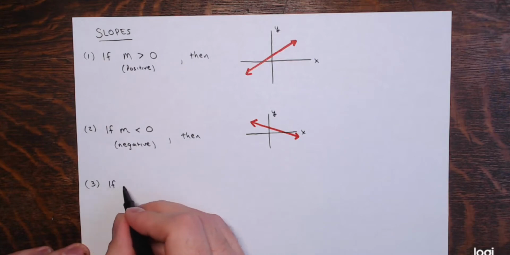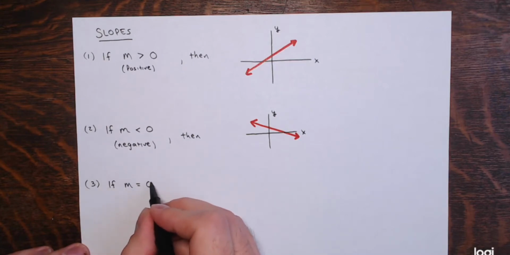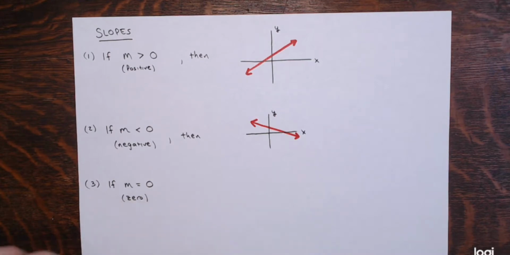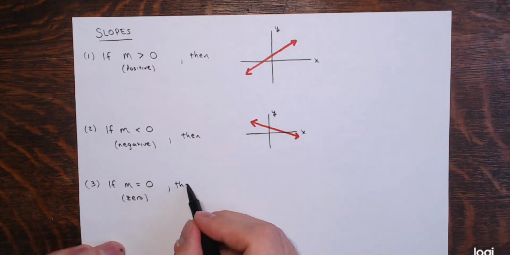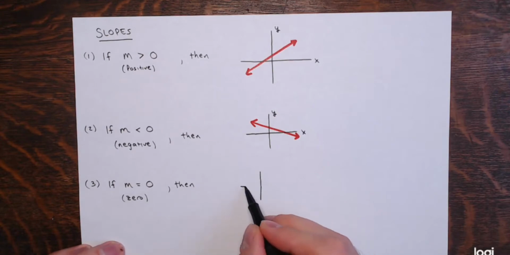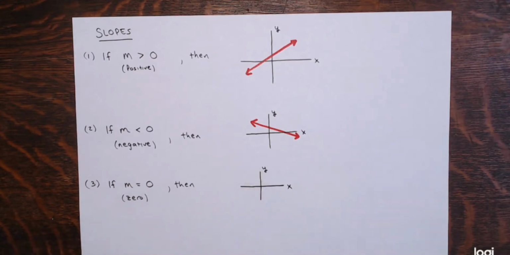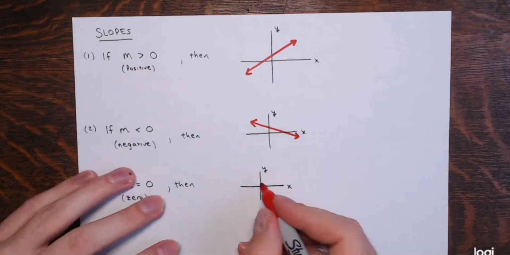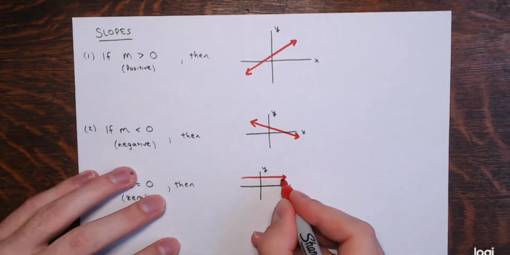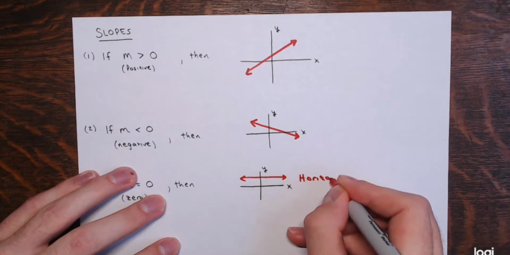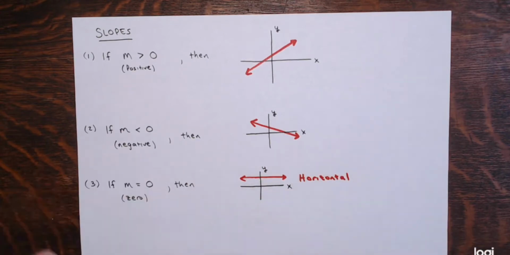Third case, if the slope equals 0, right, so a 0 slope, then every single point will have the same y coordinate, right? There won't be any change in y. And if that's the case, you have a horizontal line. Right? Horizontal line with a slope of 0.